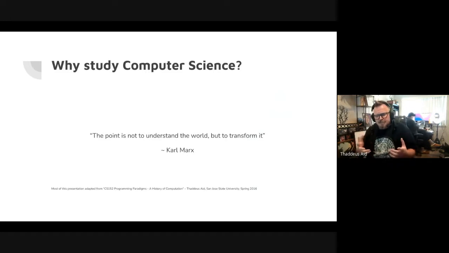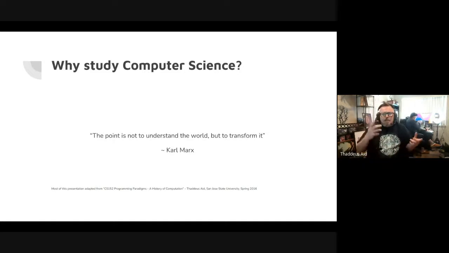Those folks that study plate tectonics aren't creating new continental plates. They aren't creating new earthquakes. So computer science and mathematics and statistics are a little bit different to studying the world. This is how we learn how to change the world.